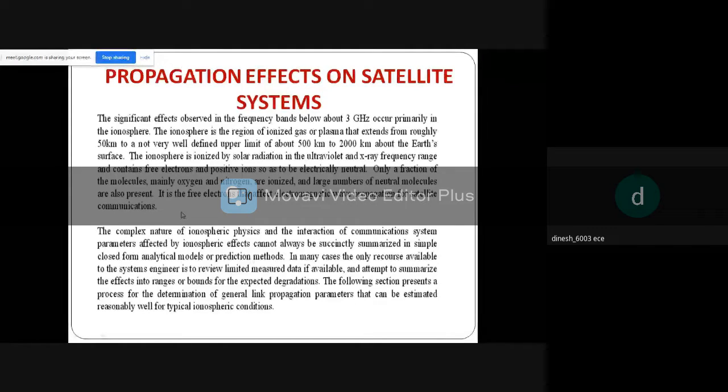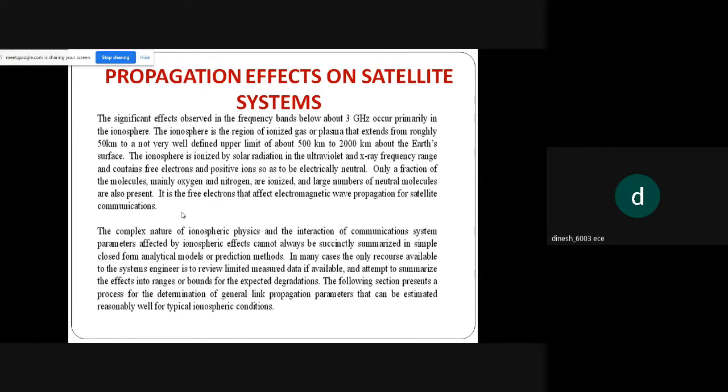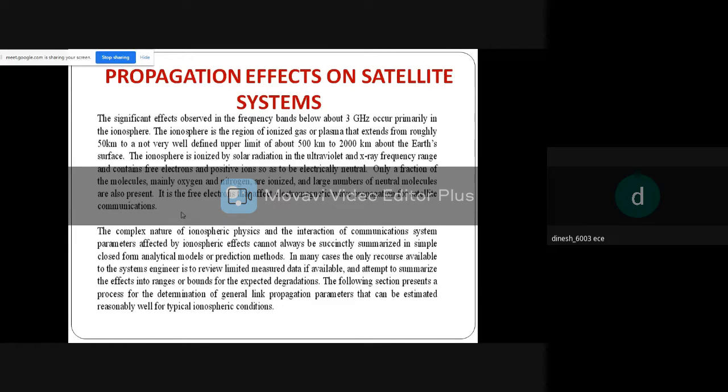The complex nature of ionospheric physics and its interaction with the communication system affects the ionospheric effects. That is always a task for us to solve by using analytical models or prediction models.